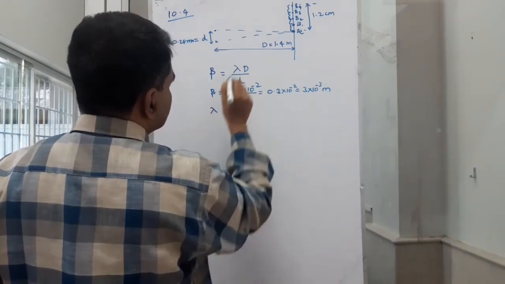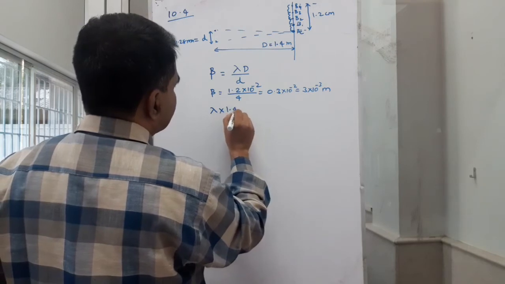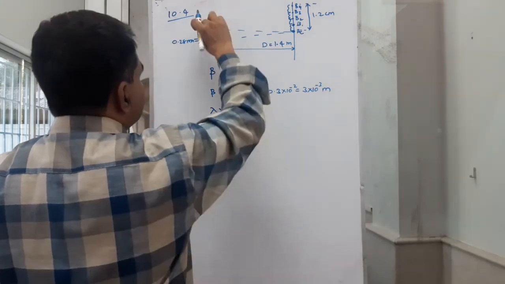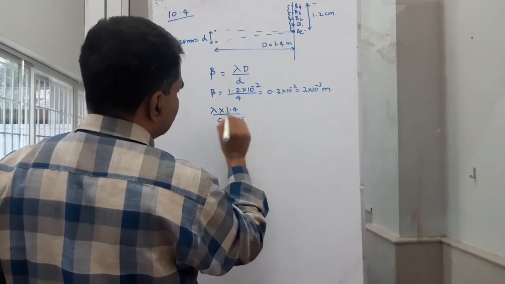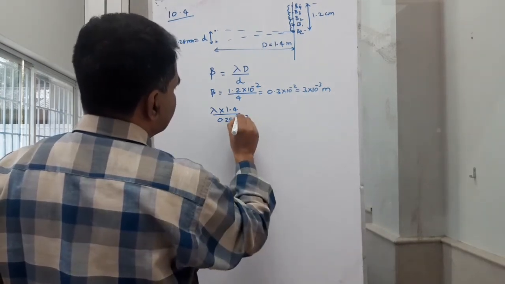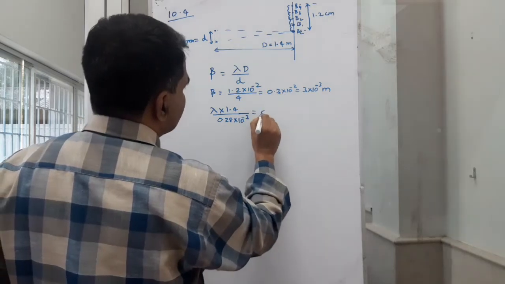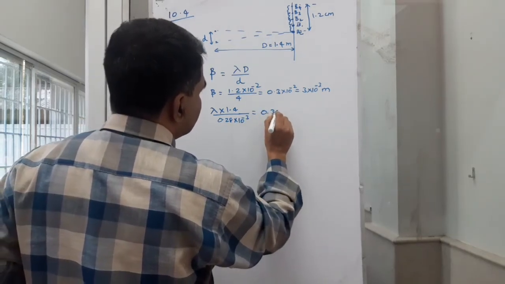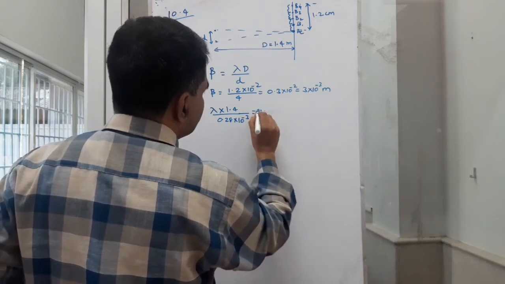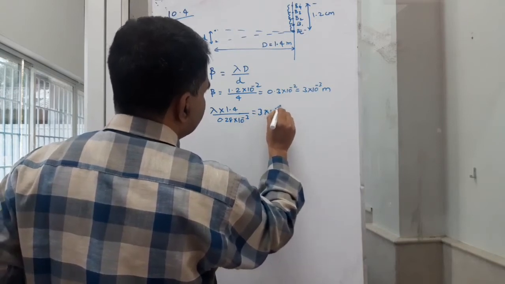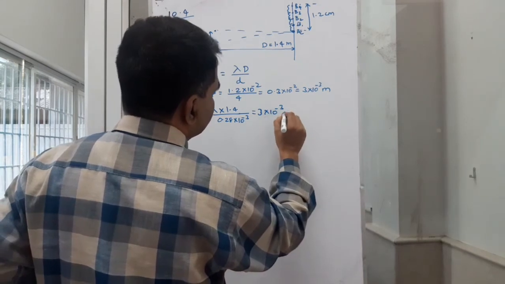D is 1.4 meters divided by the separation, 0.28 millimeters, which is 10 to the power minus 3 meters, and this must be equal to 3 times 10 to the power minus 3 meters.